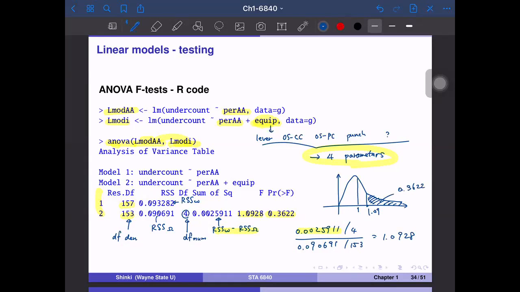This isn't really small. So this F value is a typical number under the null hypothesis. So we fail to reject the null hypothesis. So the ANOVA table can be read in this way.